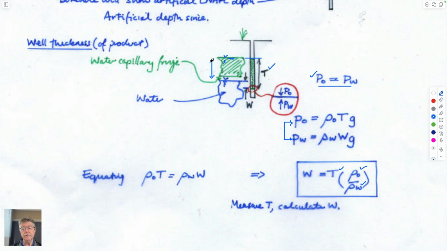We can say uppercase H is equal to measured T in the borehole minus W. You measure this, you calculate this, Bob's your uncle, you got it.